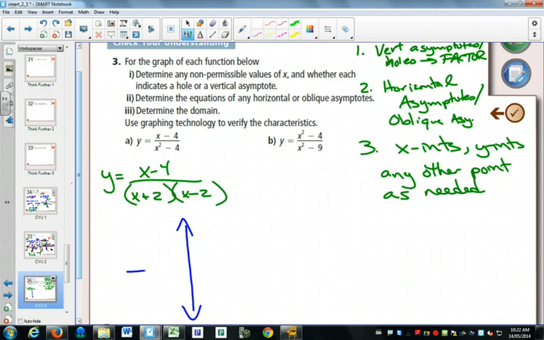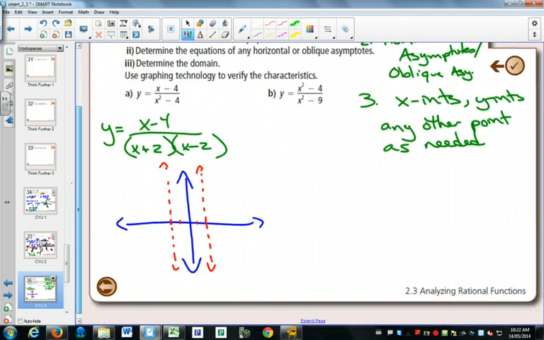We'll start our graph. We have 2 asymptotes. One asymptote at minus 2 and the other asymptote at 2. So we've done step 1, all vertical asymptotes and or holes. This one just has vertical asymptotes.